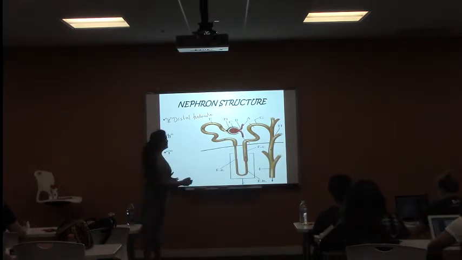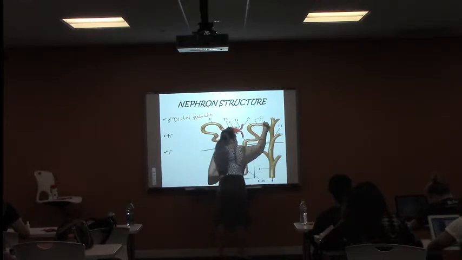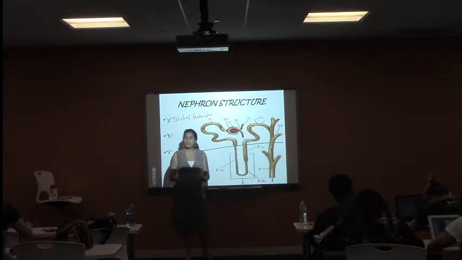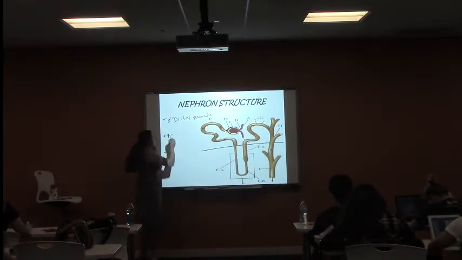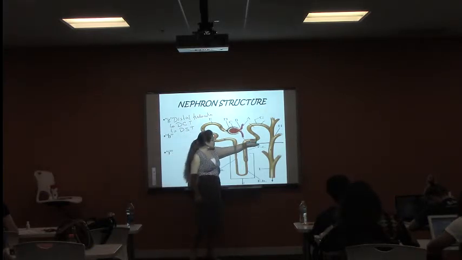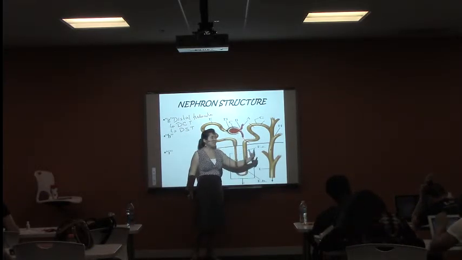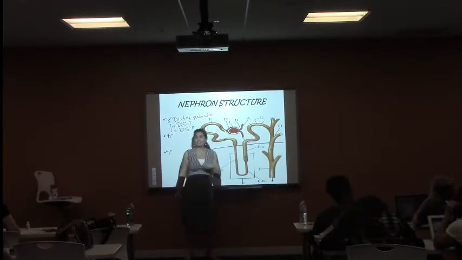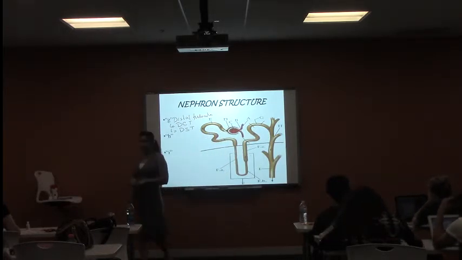Okay? And then basically this segment is the distal straight tubule. So if it's turning, it's convoluted, and if it's more straight, it's straight. Does that make sense?